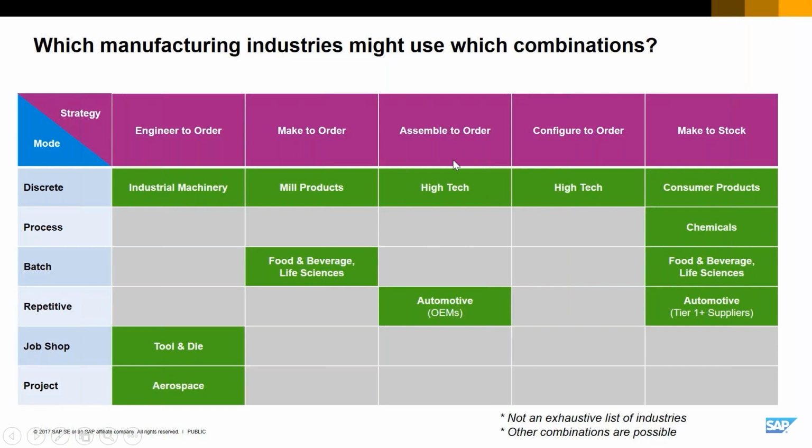Repetitive, in assemble to order. The example of the manufacturing of Toyota Fortuner I have given to you. Job shops: in a job shop you will have tool and dies, and the service industry will also use this. And project, this is mainly used in aerospace, railways, big industries.